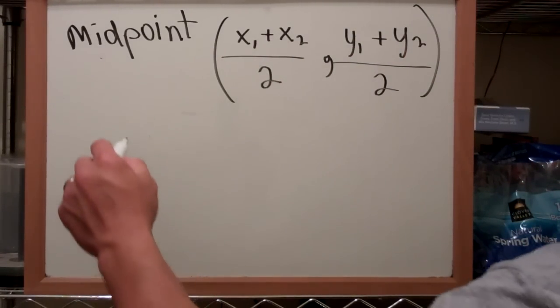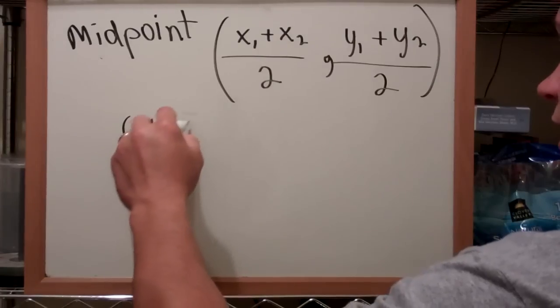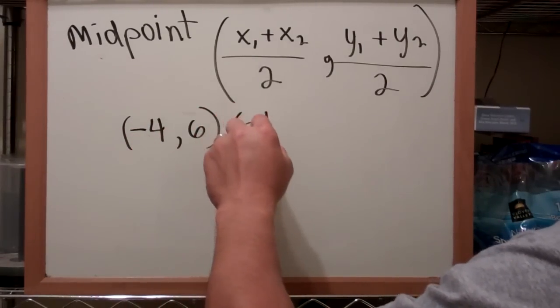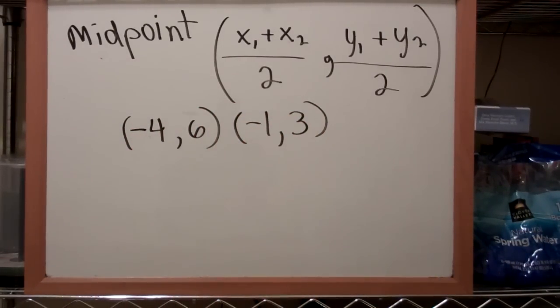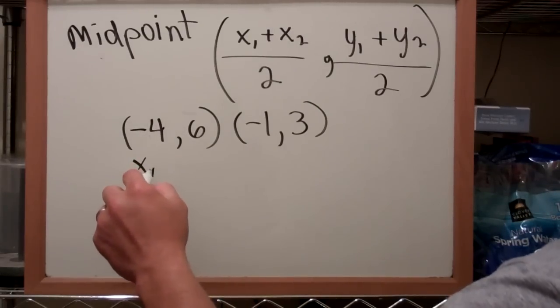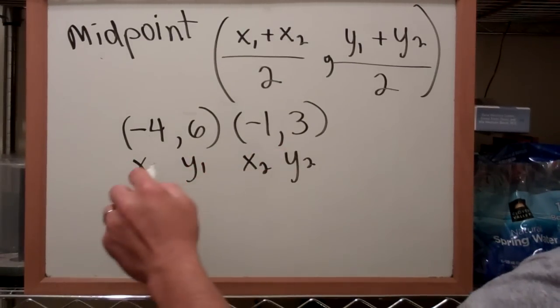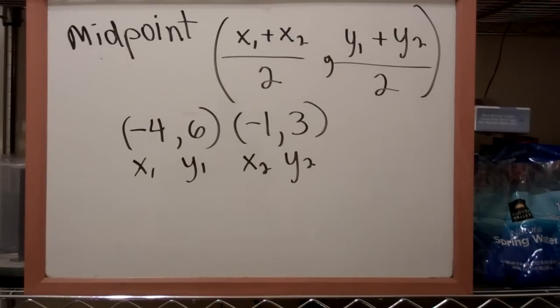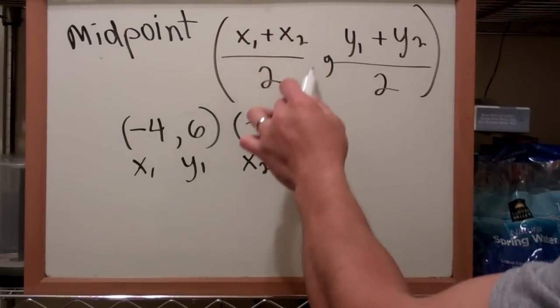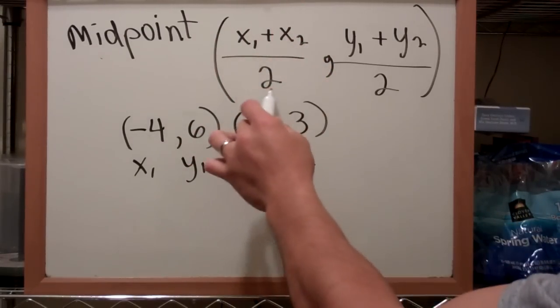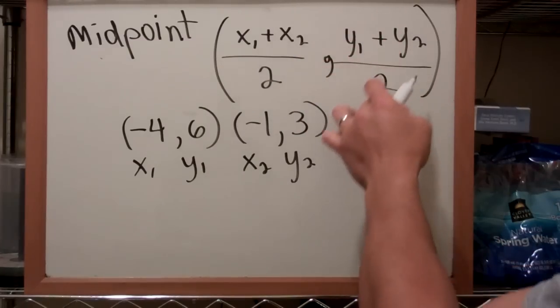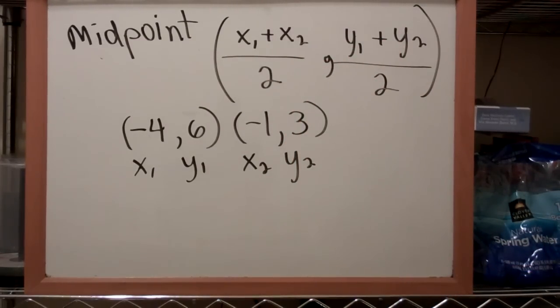So let's suppose I had the same 2 points again, (-4, 6) and (-1, 3). Again, we would consider this x1 and this y1, and this would be x2 and this would be y2. And so really what we're doing here is taking the average of the x coordinates and then the average of the y coordinates, and those form 2 new coordinates.